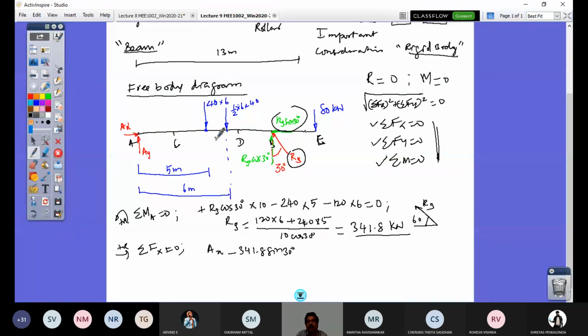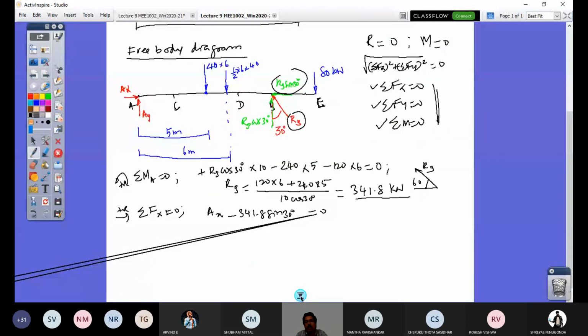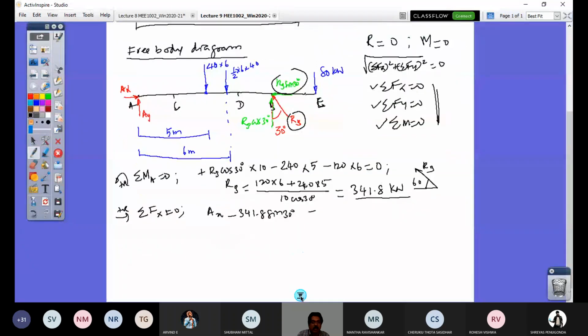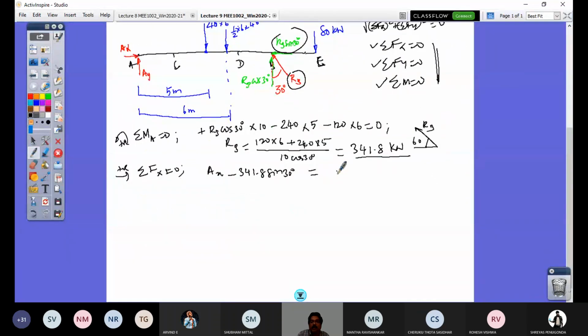Therefore AX equals 341.8 into sin 30, half the value of that, which is going to be 170.9 kilonewton to the right.